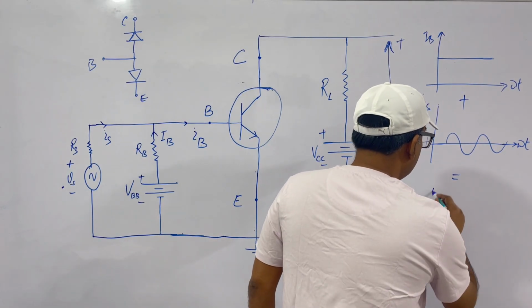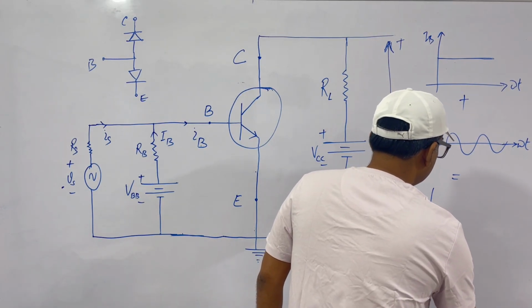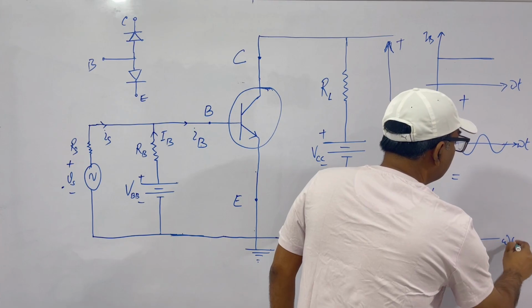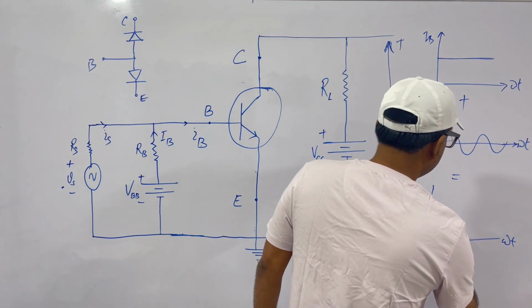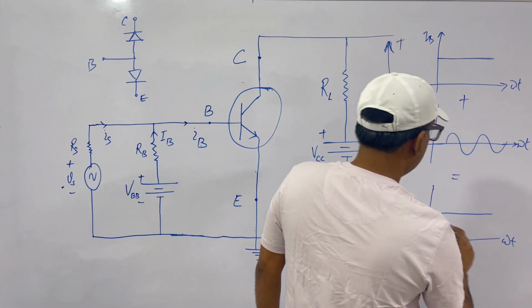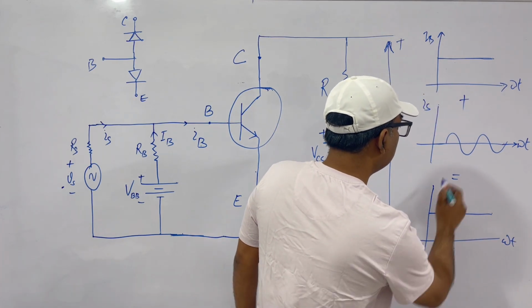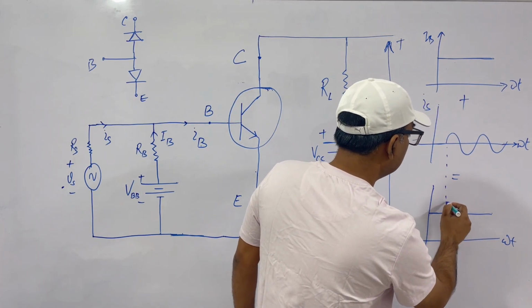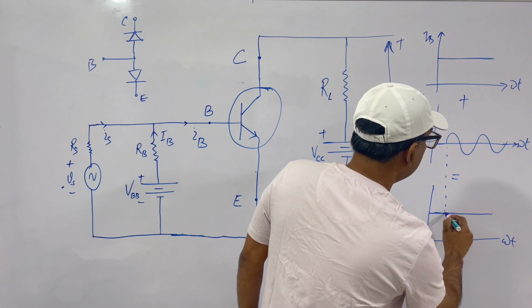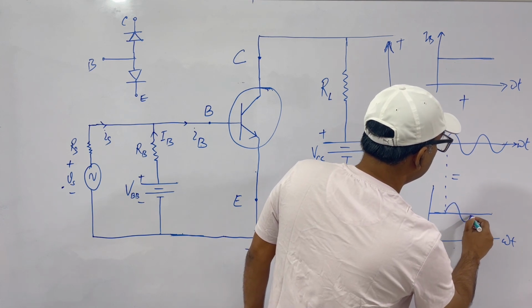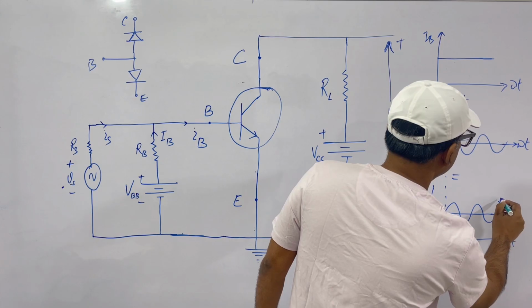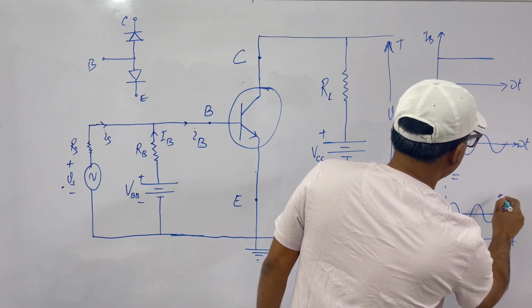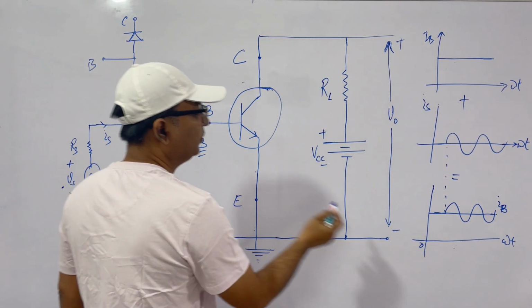This is equal to a current, from the origin. Now this is our IB. So this current actually rides over this DC current. So what we get is IB, this current becomes this.